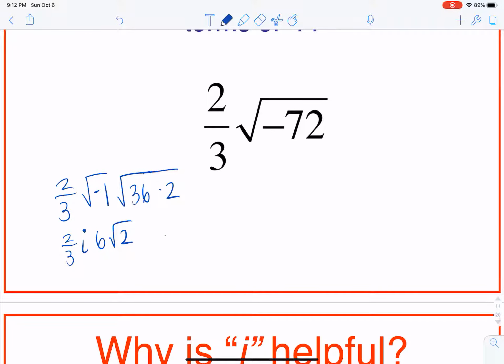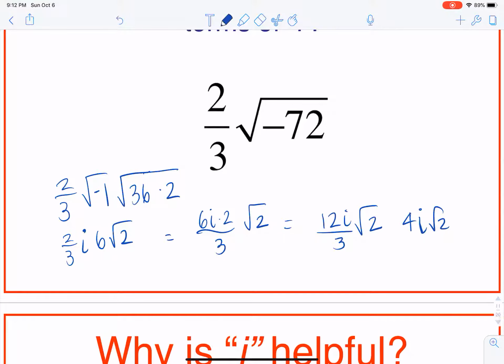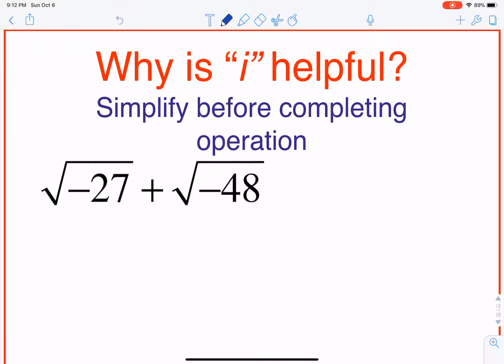Let's go ahead and write that a little bit nicer. This becomes 6i times 2 over 3 square root of 2, not 3. So this turns into 12i over 3 square root of 2, which becomes 4i square root of 2. So again, just a little bit nicer to work with.